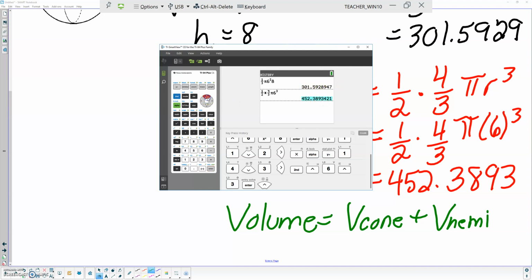I scroll up to the first answer we got for the volume of the cone, notice how it's highlighted in the calculator, hit enter so the calculator copies that entire decimal, plus the volume of the hemisphere. When we add that together, to the nearest hundredth we get 753.98.